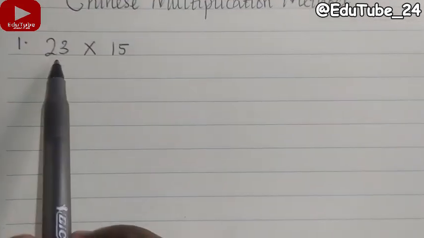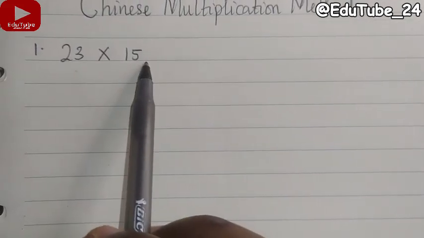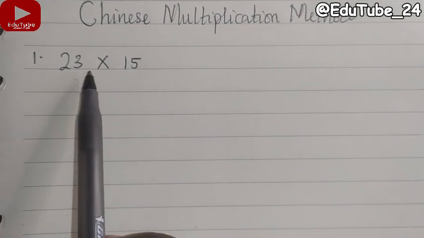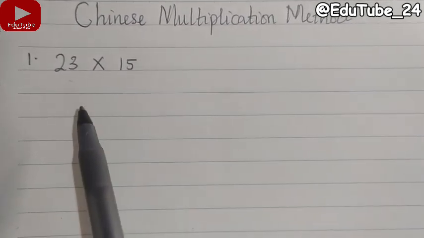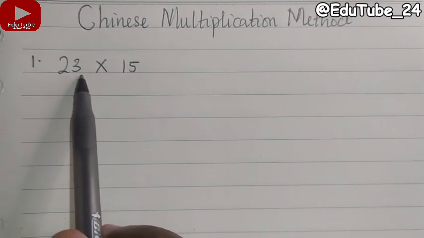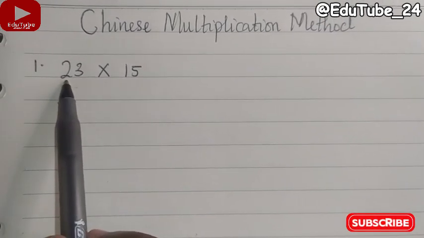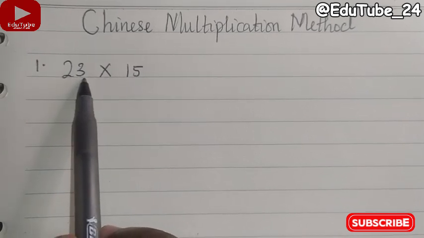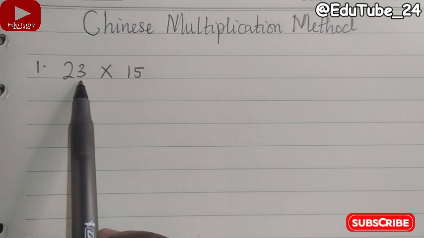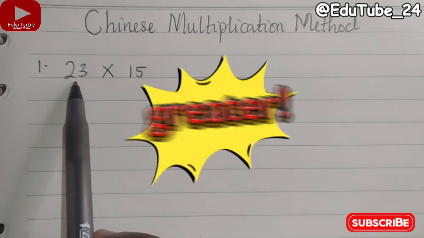Now, the first example says 23 times 15. To multiply these numbers using the Chinese multiplication method, the first thing we need to consider is the place value of the numbers. The place value of 2 here is tens, and the place value of 3 here is units. In the Chinese multiplication method, you always start from the greatest place value.